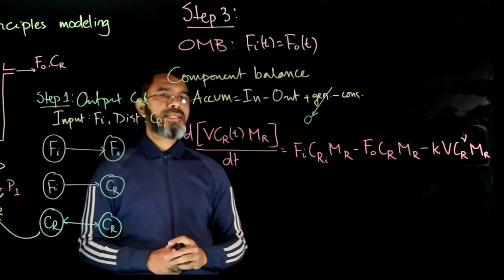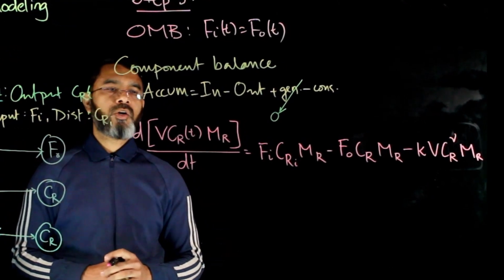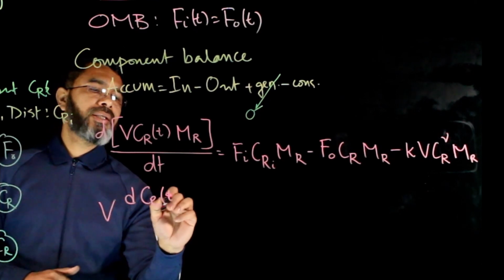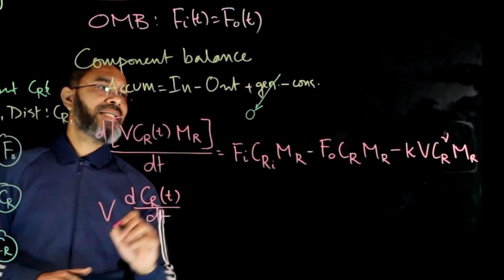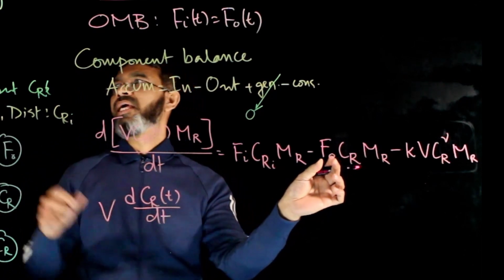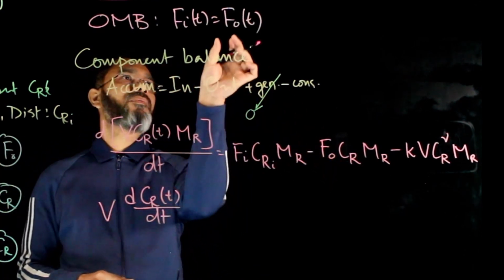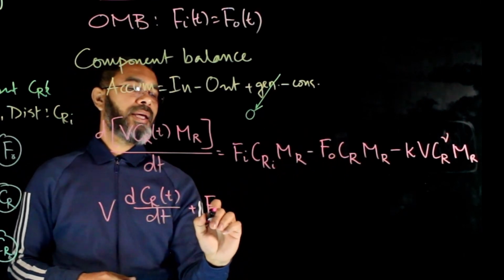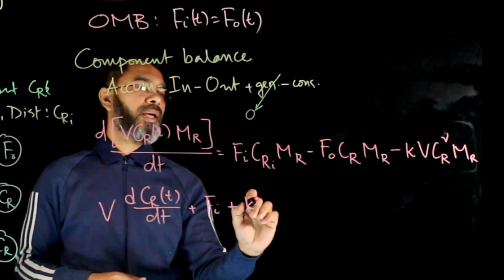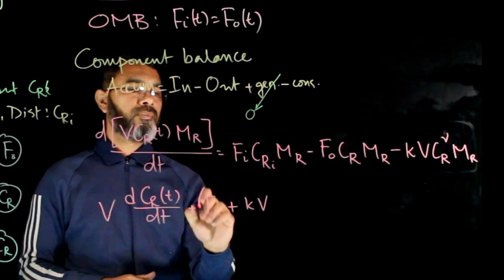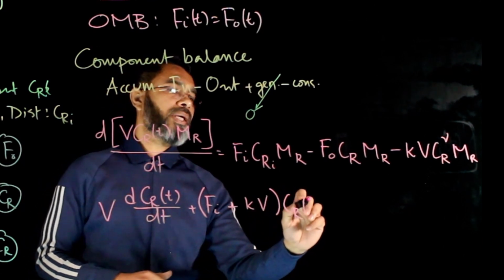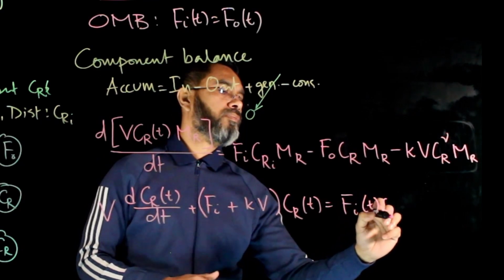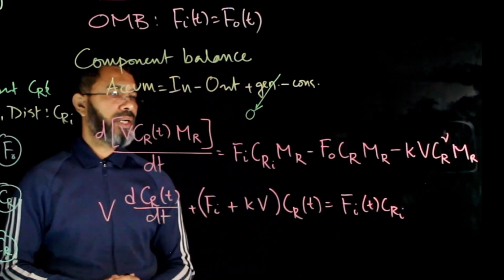And we have, for example, for a simplified case of reaction order 1, we can write V dCR/dt over dt. This time we can just replace F0 by Fi from this relation. And then if we take this on the other side, we'll have Fi plus KV CR will be Fi CRi.